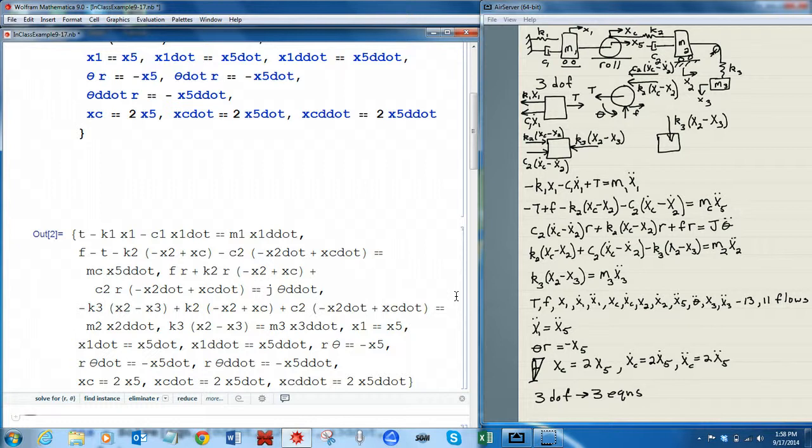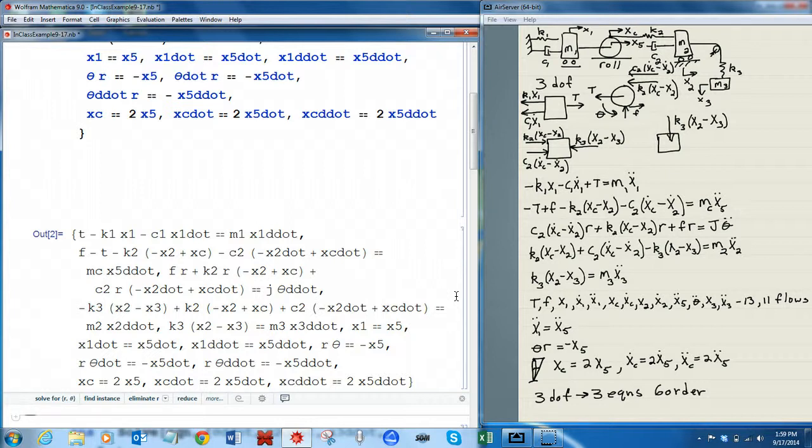Now, the order is also helpful. In this particular case, the order is a total of 6, so it's 6th order. So what I'm looking for then is 3 differential equations, each one with a second derivative. All right, so what I have to do is determine which of the variables I want to solve for, which of the flow variables I want to solve for. I can pick 3 of them.